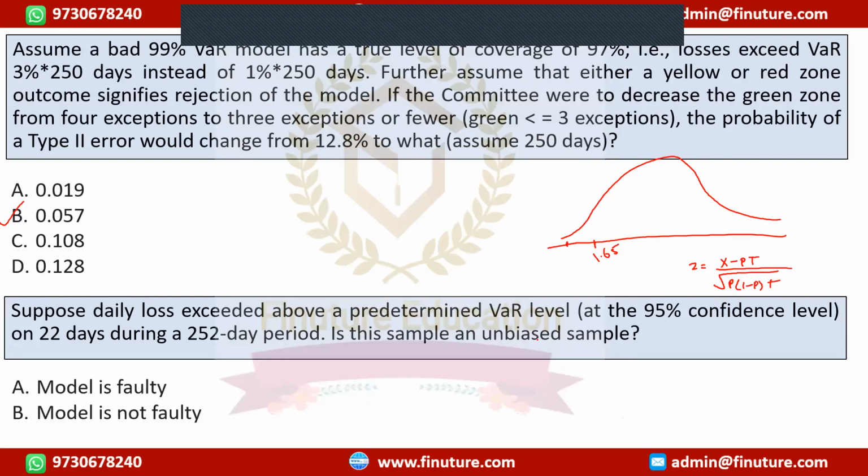So this would fall over here. So we can conclude that the model is inaccurate because it's coming from this area. So you just say that the model is inaccurate.